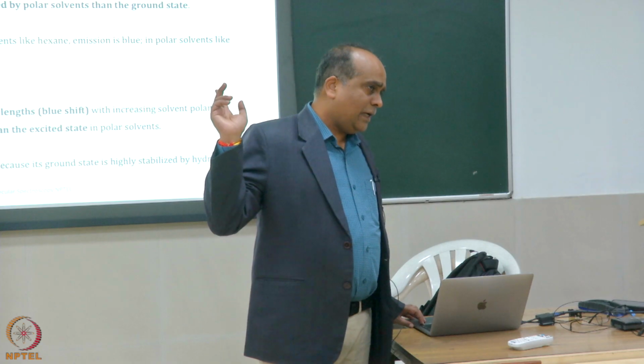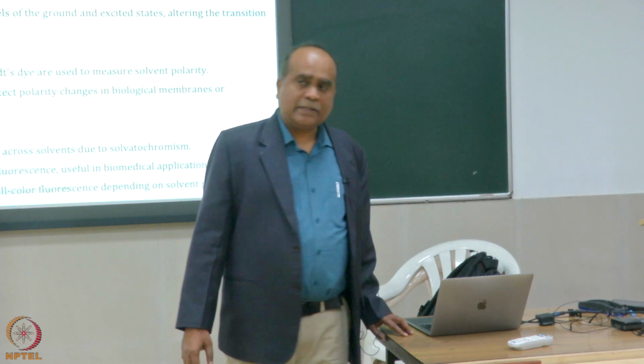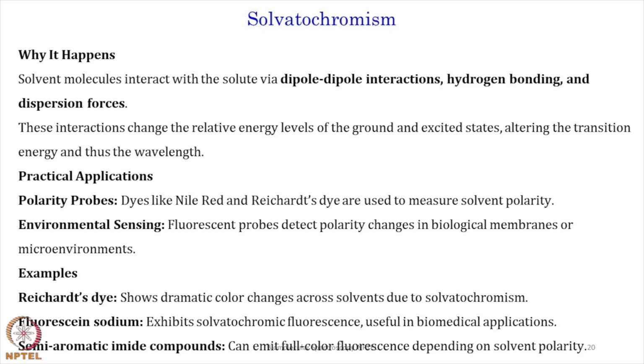So this again can be used in enzyme kinetics and all those kinds of concepts. So why is it happening? Because the solvent molecule is interacting with the solute via dipole-dipole interaction. In one case it was the excited state getting stabilized, in another case it is the ground state getting stabilized.